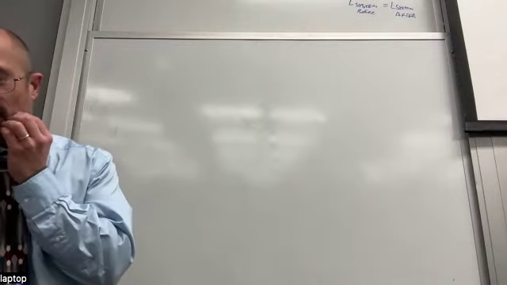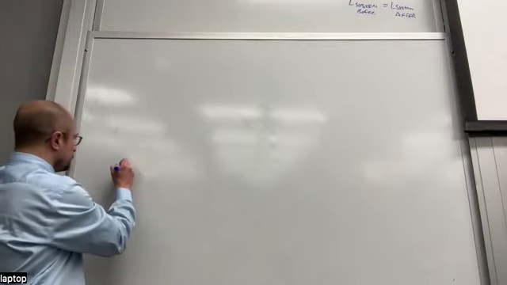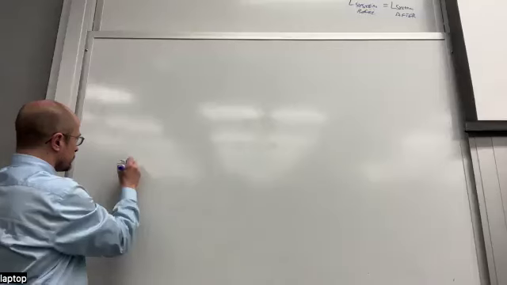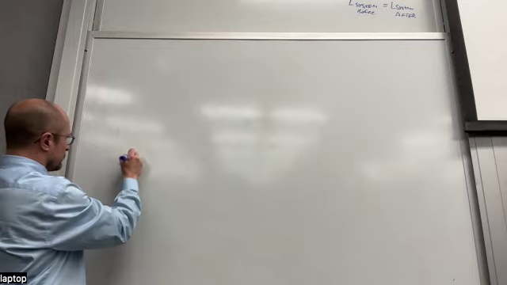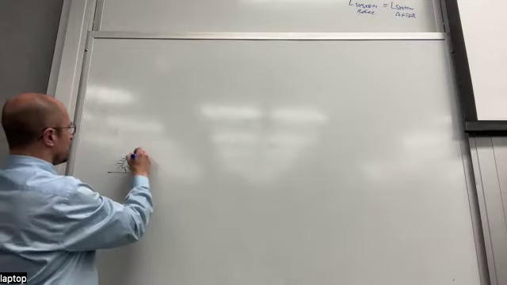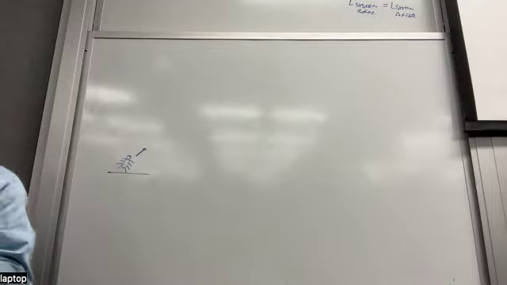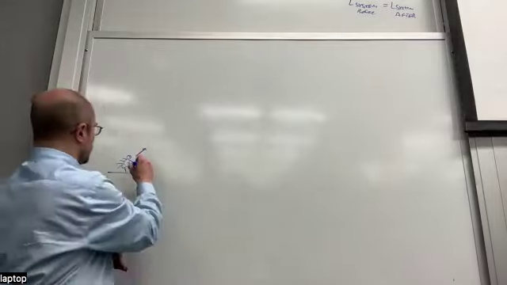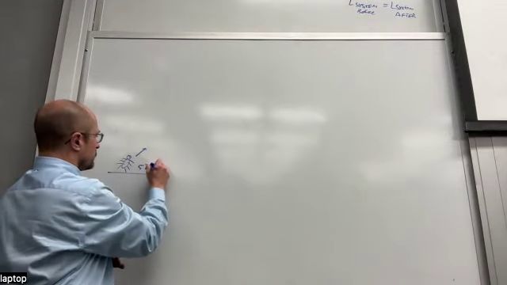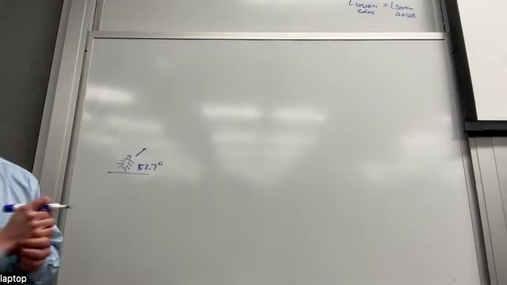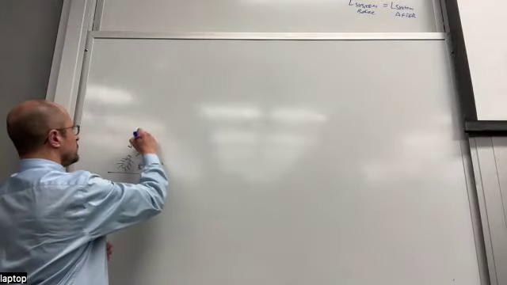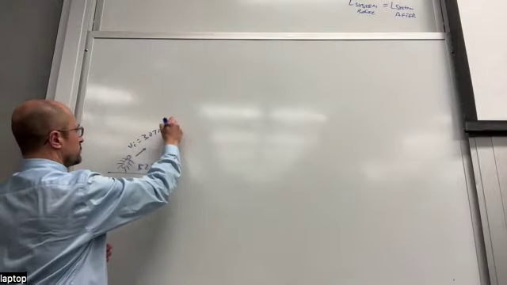All right, so we have some spider that's going to jump. They tell us this spider is jumping at an angle of 52.7 degrees, and it launches with an initial speed of 3.07 meters per second.